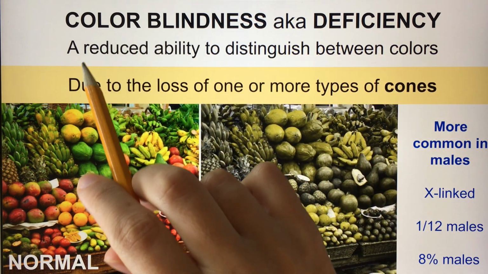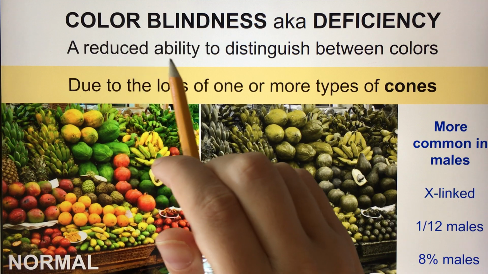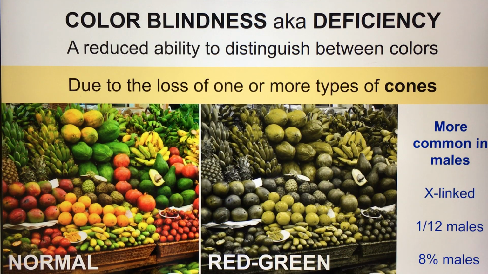So it's either an absent or reduced ability to distinguish between colors. This is kind of what the world would look like to a person with color deficiency. So all of these bright colors would look kind of like one color.